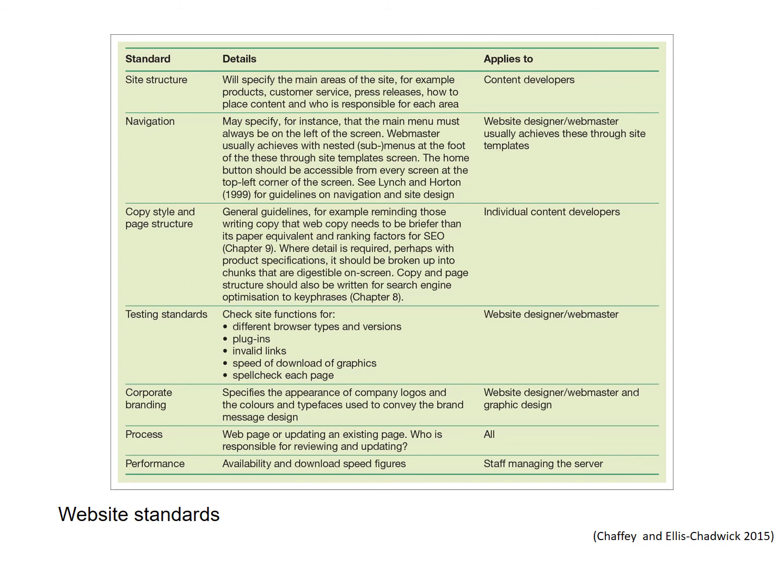Copy and page structure should be written for search engine optimization, with key phrases, keywords and meta tags. And again, this applies to the individual content developers. So you're providing these briefs to the content developers to actually produce for you.